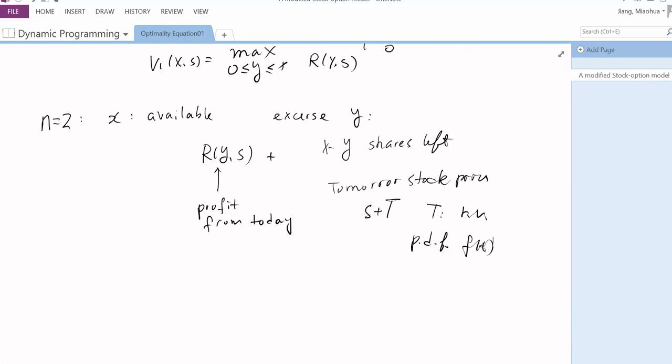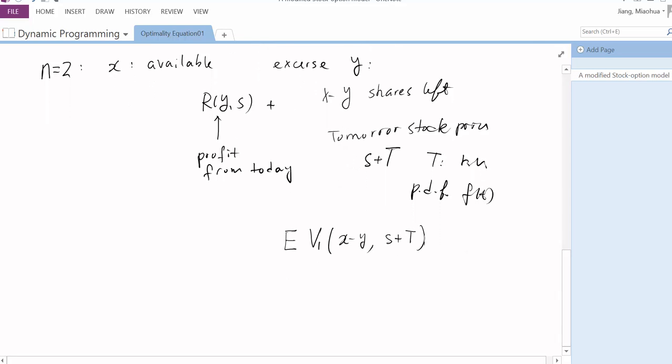So in order to find the maximum expected profit from tomorrow, we have to take care of this change to the stock price. So what we have over here is the expected value of the best. With tomorrow we have V1 because we only have one period left. And then we have X minus Y shares left, and the stock price is going to be S plus T. That's what we have for tomorrow.